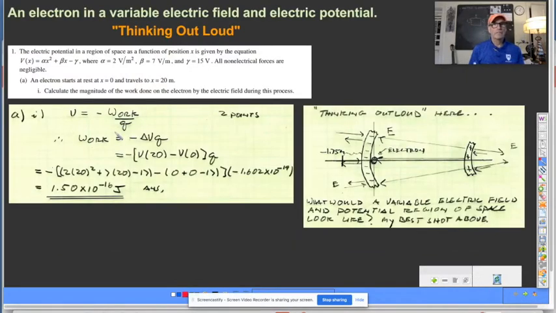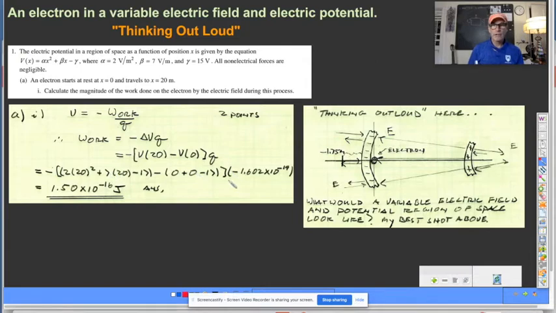An electron starts at rest at x equals 0 and travels to x equals 20 meters. Calculate the magnitude of the work done on the electron by the electric field during this process. I'm going to start with the definition of electric potential equals negative work per unit charge. Solving for work, that equals the change in potential times Q. So all you need to do at this point is substitute 20 in for x, evaluate the electric potential function for 20, and then subtract the electric potential function evaluated at 0.